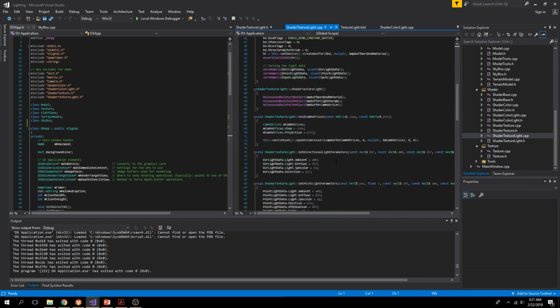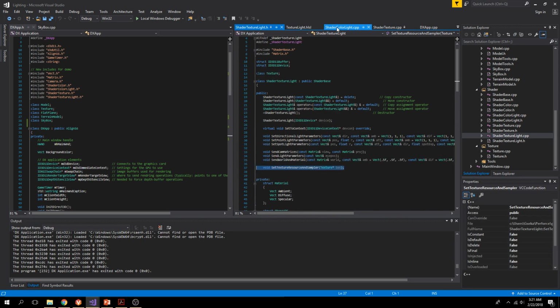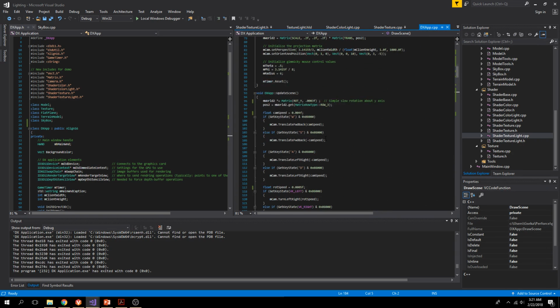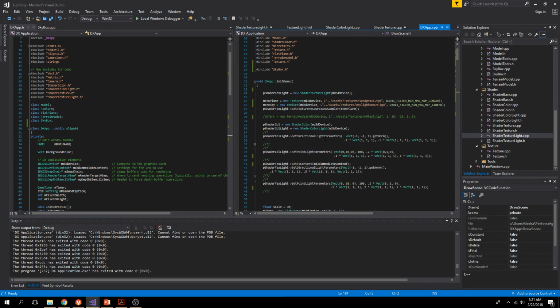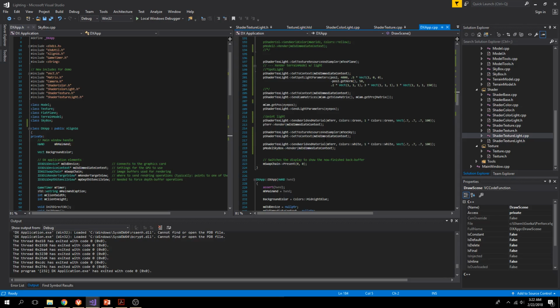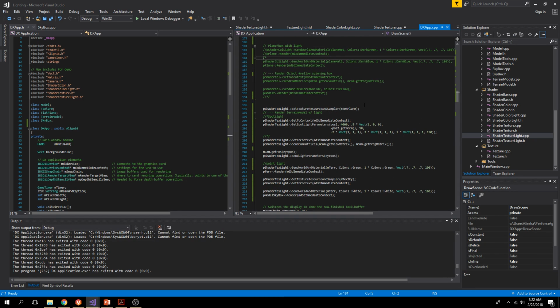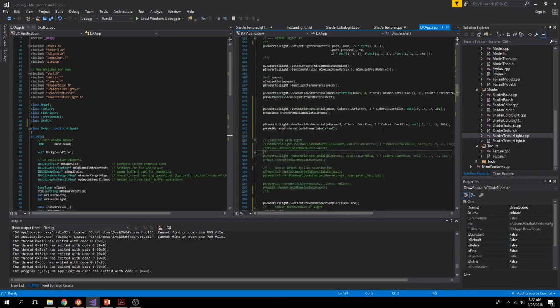But yeah, that's really it. As for actually setting things up, I did it exactly like the color lighting.